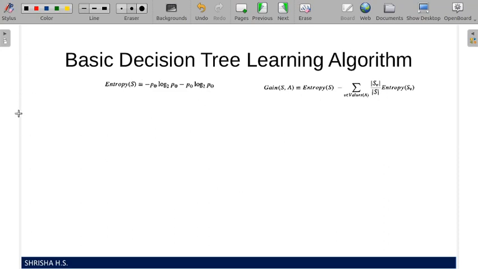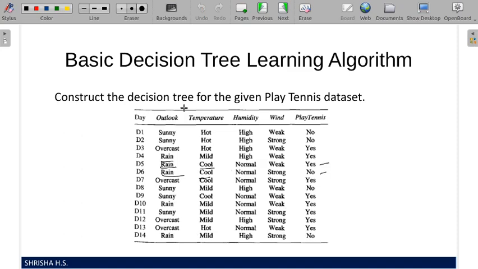Similarly, you have to calculate the gain for outlook equal to rain and the wind combination. So how many are there? Outlook equal to rain: 1, 2, 3, 4, 5.